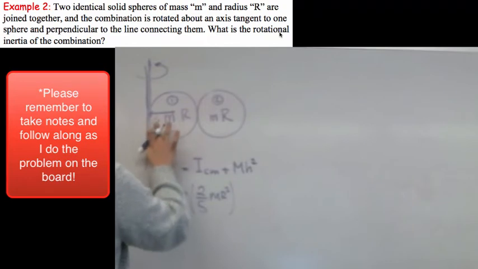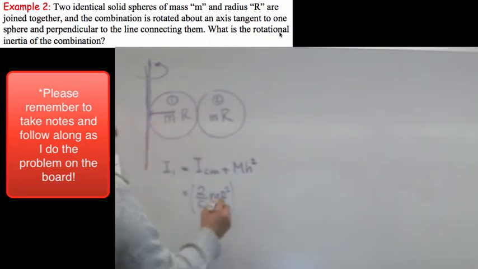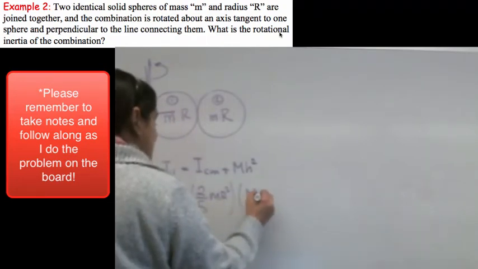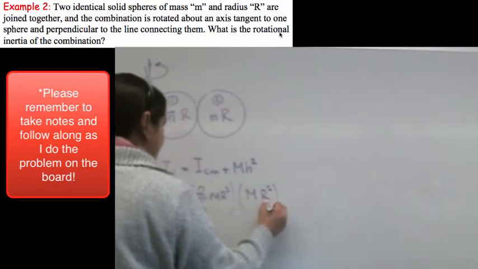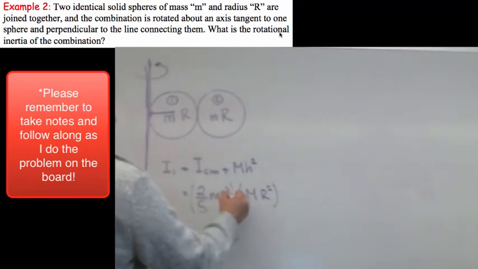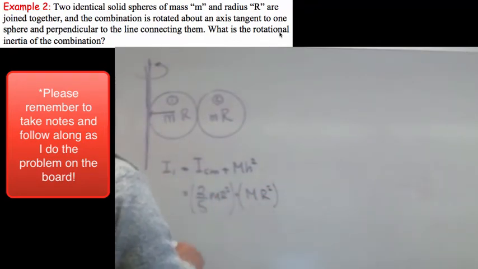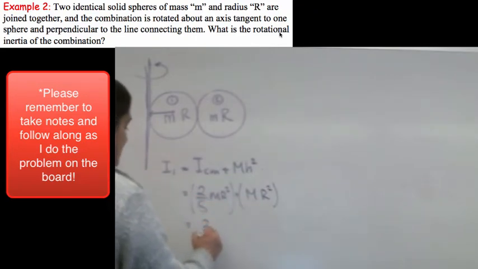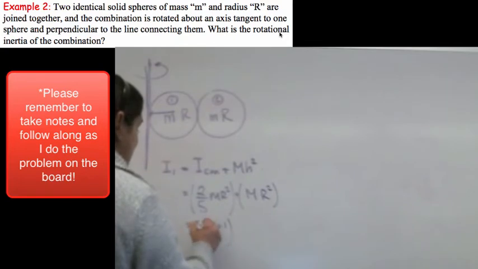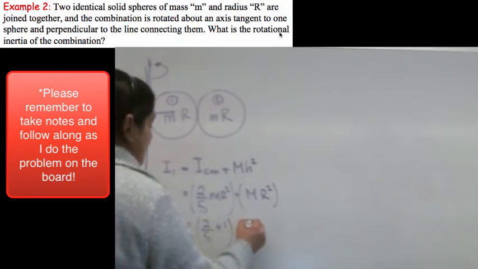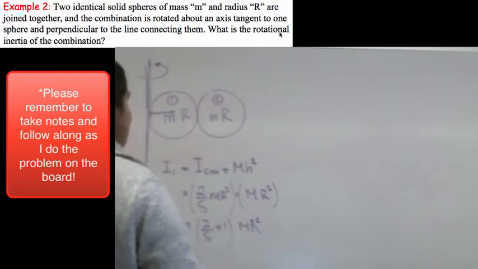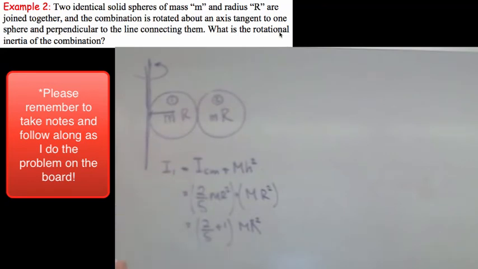But this is going to be the radius r. So this implies this is going to be plus mr squared. Okay? So 2/5 plus 1 will give me 7/5 mr squared. Right? That is going to be the moment of inertia for I1.